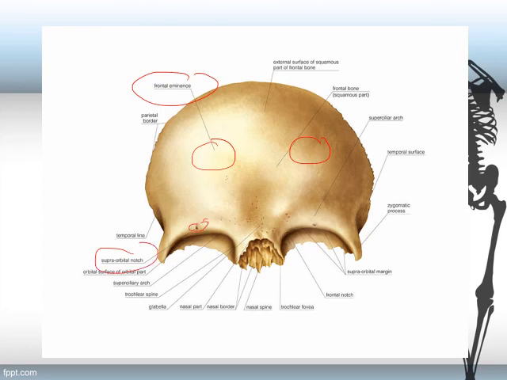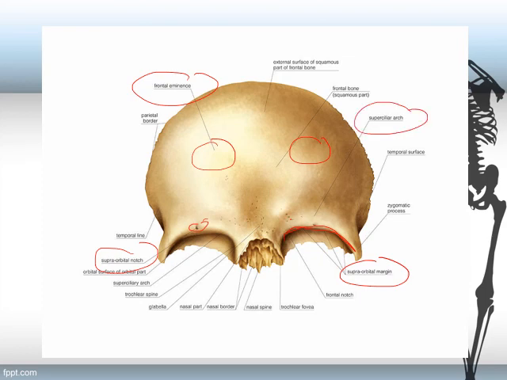Saan dumadaan yung mga blood vessels para sa supply ng eyes natin, as well as the nerves. Then, we have the supraorbital margin. Ito siya, supraorbital margin. Then, where is the superciliary ridge? Hindi ko makita. Ito yung superciliary ridge, superciliary arch, or superciliary ridge.